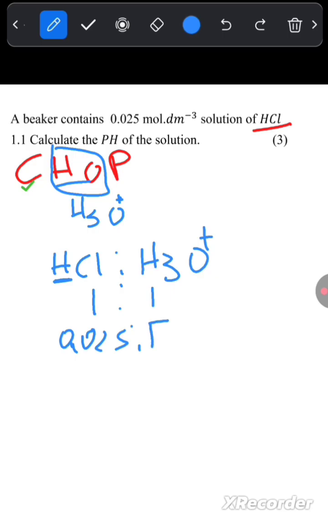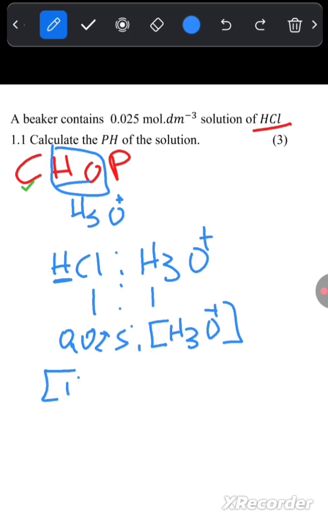Now the concentration of hydronium ions will be what? Since the ratio is 1:1, it means that the concentrations will be the same, or you just simply cross multiply to get the concentration of hydronium ions.